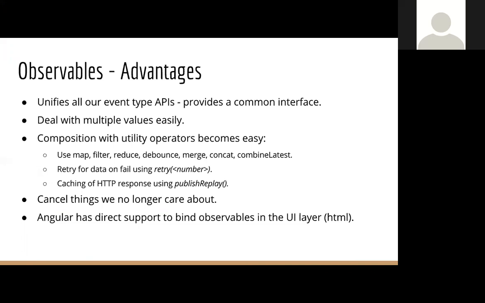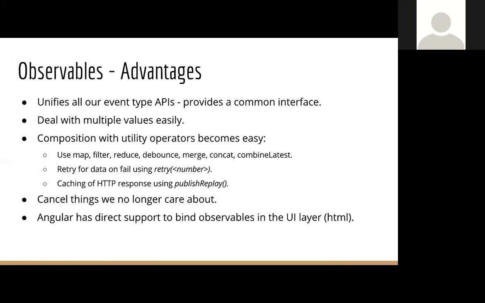Once you unify it, you operate on that data using observable operators. You can deal with multiple values easily, that I already showed. You can have a collection 2, 5, 7 and you can process them. Composition, also I showed. Map, filter, you can go ahead and check the other ones.